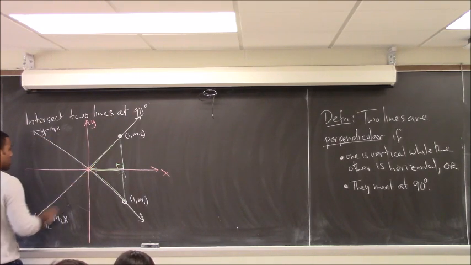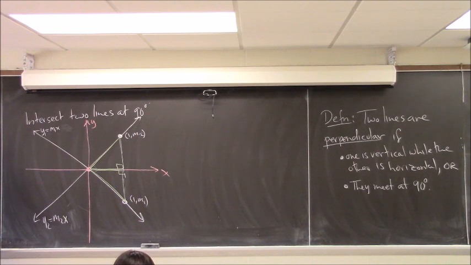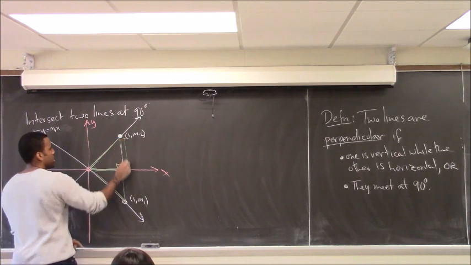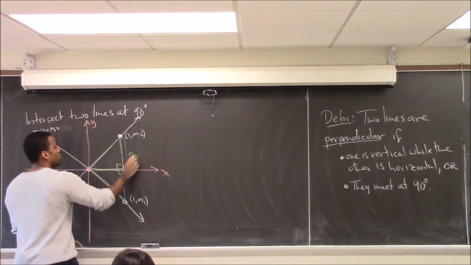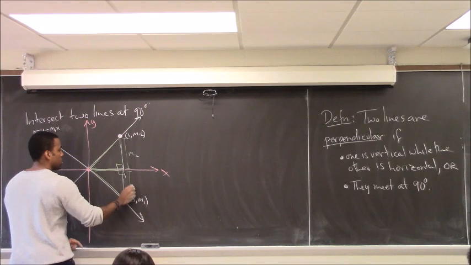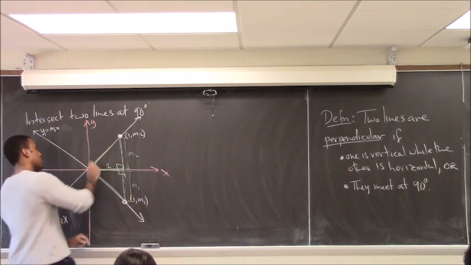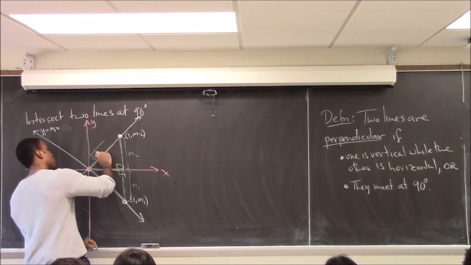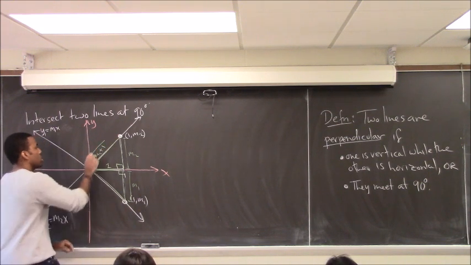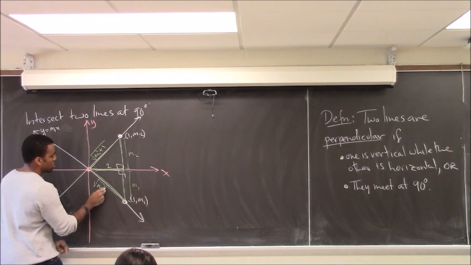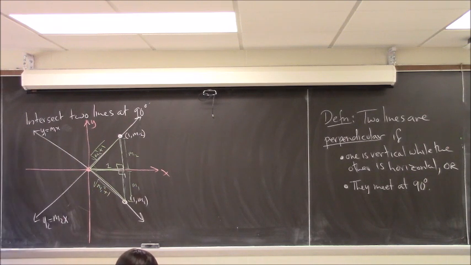Pythagoras' theorem is going to tell us a bunch of things here. The length here is 1, the height here is m2, the height here is m1, the length here is 1. Pythagoras' theorem tells us that this is the square root of m2 squared plus 1, and this is the square root of m1 squared plus 1.